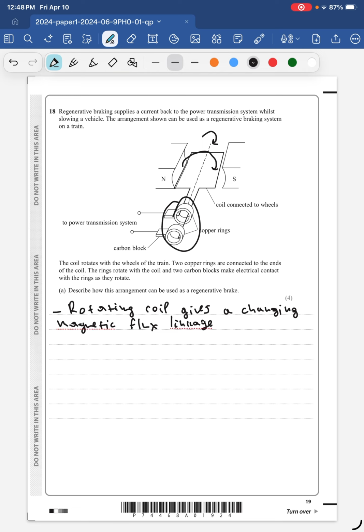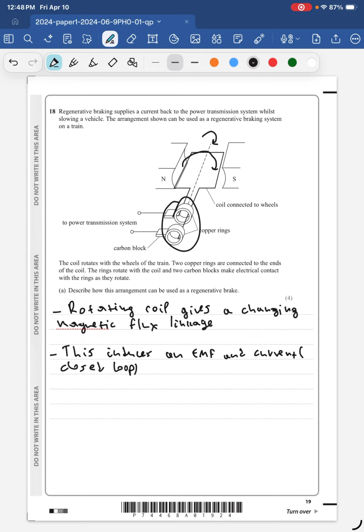Because it cuts through the lines of this magnet. So this induces an EMF and current. And why do we have current? Because we have a closed loop.